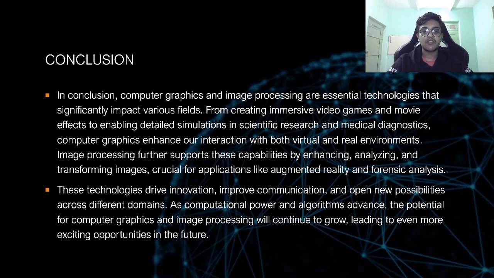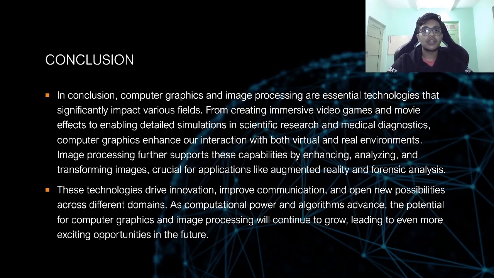Image processing is going to further support these capabilities by enhancing, analyzing and transforming images, crucial for applications like augmented reality and forensic analysis. These technologies drive innovation, improve communication, and open new possibilities across different domains. As computational power and algorithms advance, the potential for computer graphics and image processing will continue to grow, leading to even more exciting opportunities in the future.